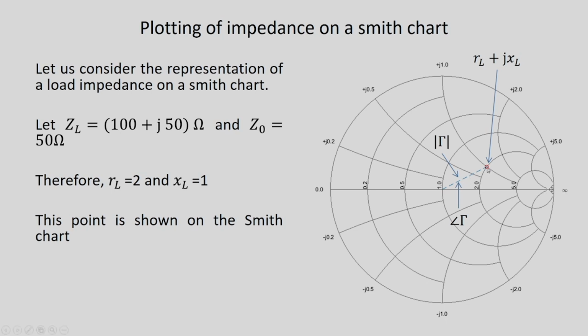So, from this point, we get a direct measure, the length of this line as the magnitude of the reflection coefficient, and this is theta or angle of the reflection coefficient.